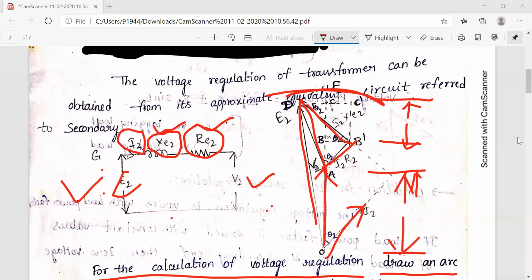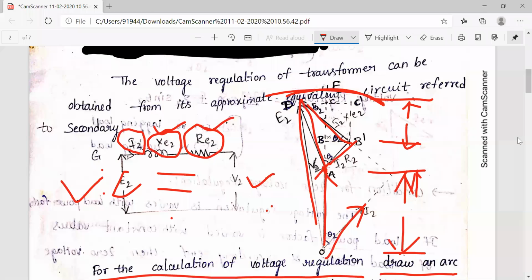Voltage regulation means change of secondary terminal voltage from no load to full load. At no load, secondary terminal voltage E2 and V2 are both equal because current I2 equals 0. When load is connected, I2 will exist, which means some voltage drop across the impedance.